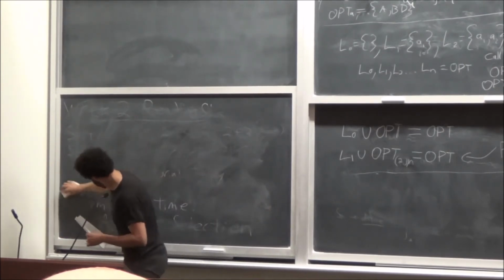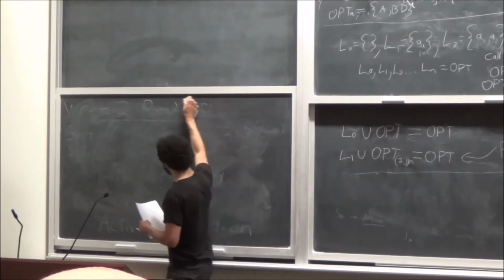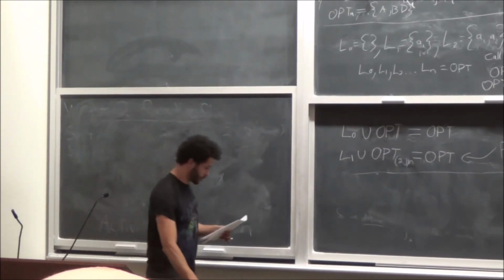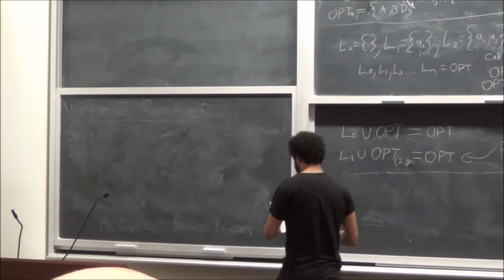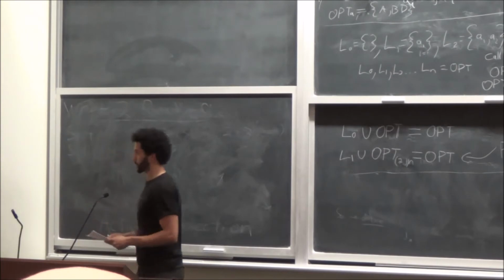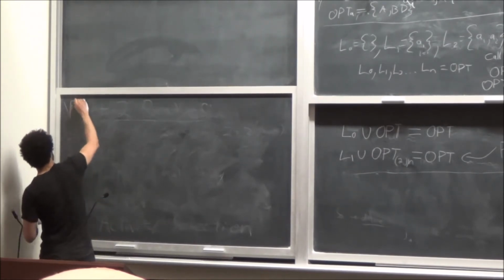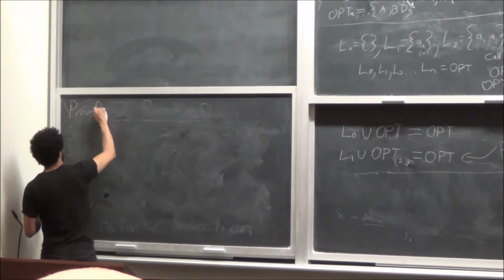This is the cool part, guys. All that setup, and this is what it's for. Now let's sit back and think about the set L0 as our base case. For the proof, we're going to use induction.